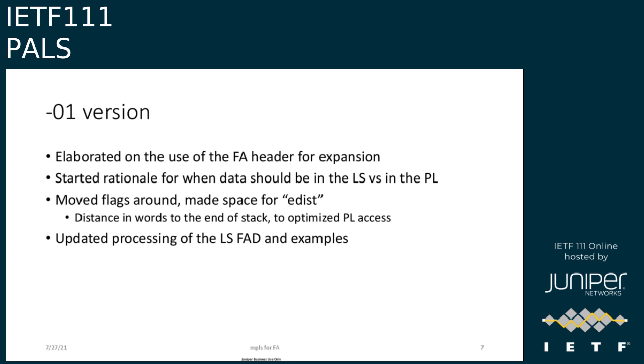So you get to a label, and then you follow the end of stack bits until you find one which is 0, and then the next word is the end of stack. This is a little bit different from what was proposed in Stuart's document, but has some of the same flavor. Also, the 01 version updates processing of the LSFAD and the examples. Next slide.